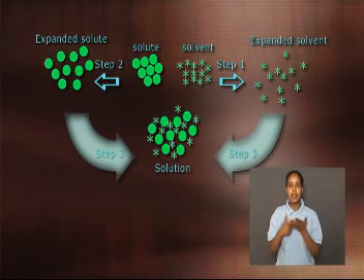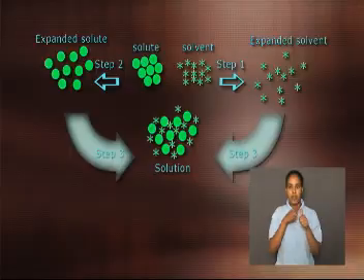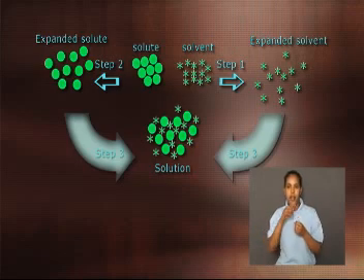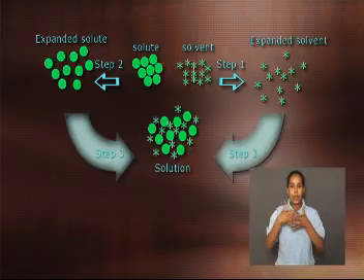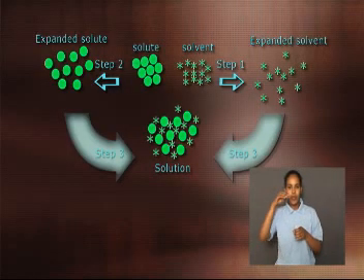Then, the solute molecules separate so they can merge into the solvent. Both the first and the second step require an input of energy to break the attracting forces between the molecules. Lastly, the solvent molecules mix with the solute molecules. This process can be exothermic or endothermic.